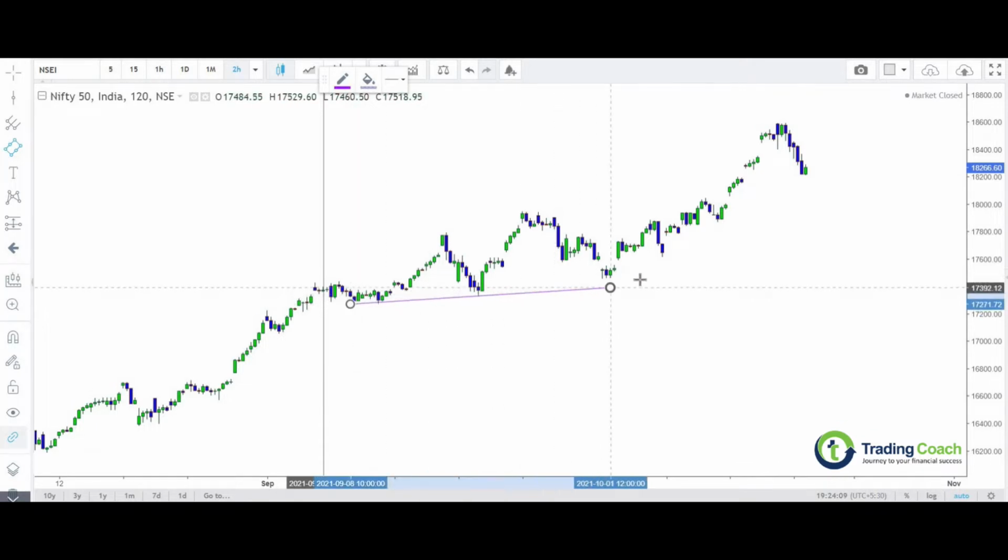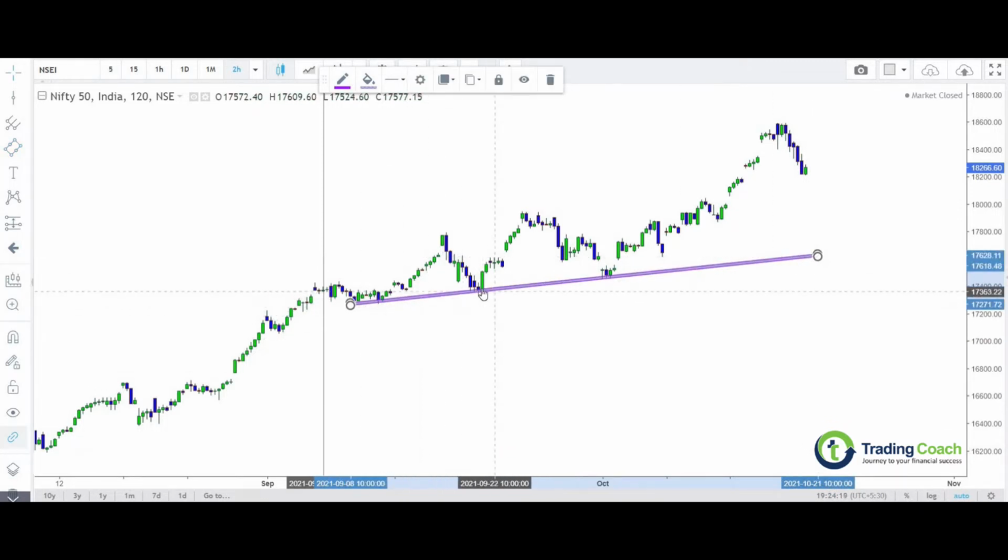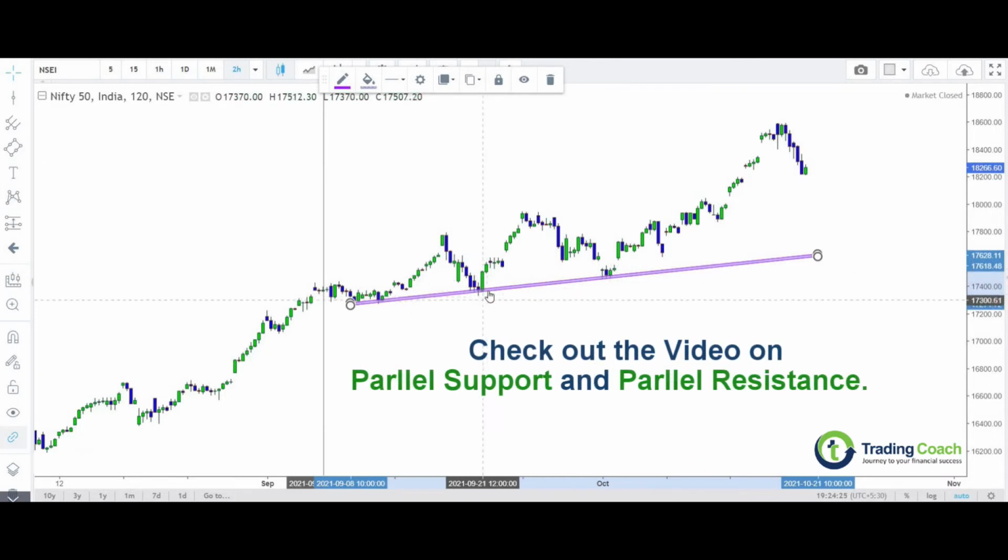Let me quickly extend the support zone over here. This is how we draw the support zone: we have to connect all the major turning points on the price action. In case you don't know how to draw this, I have already made a video on parallel support and parallel resistance, or what we call support and resistance zones. Make sure to check out that video.